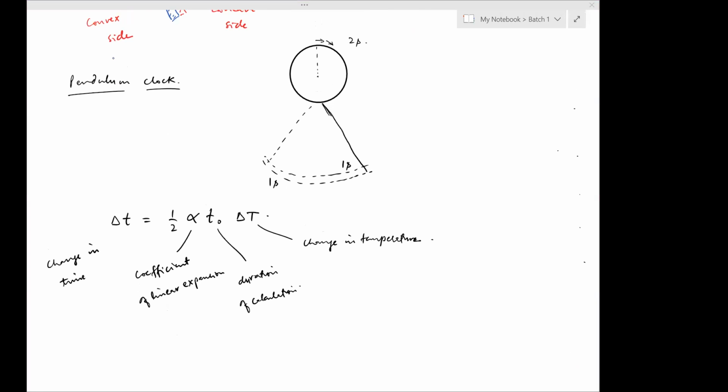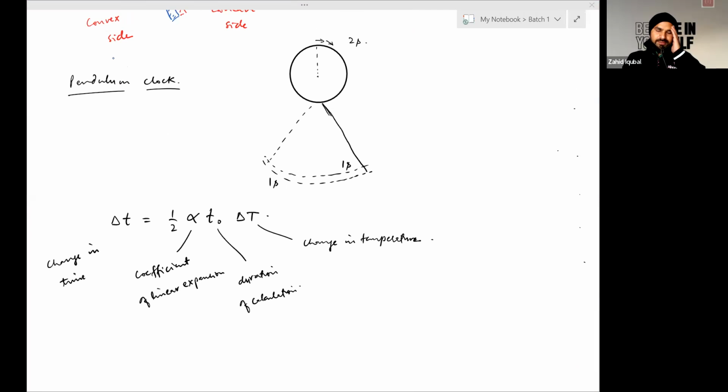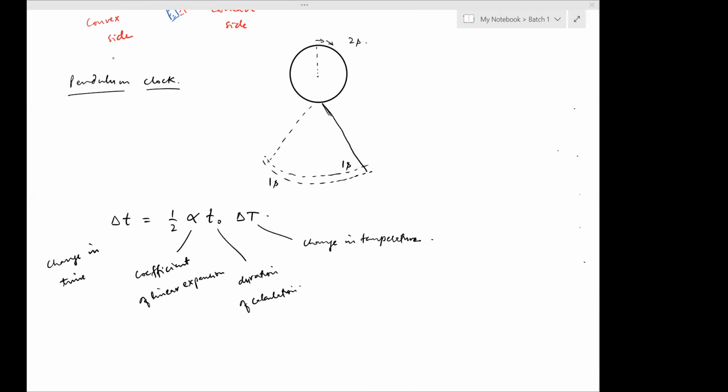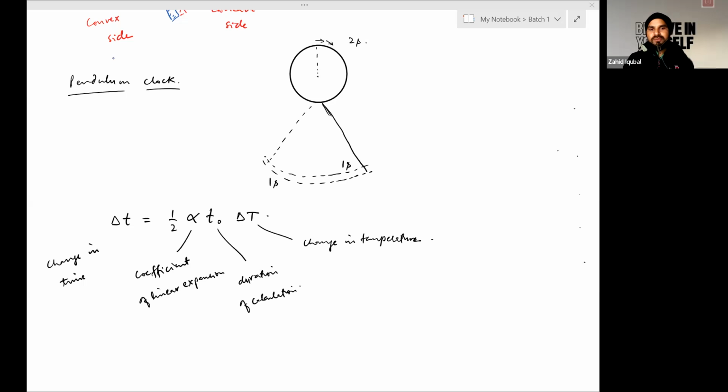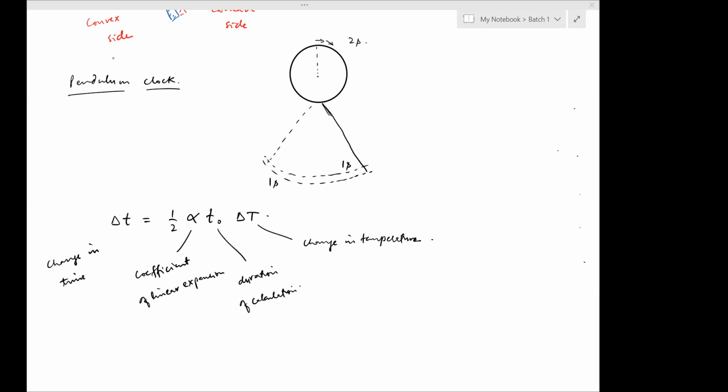Sir, what did you write for delta naught? Sorry, the T naught. T naught is the duration for which we are calculating. So the duration of calculation, we are calculating for 1 day, half day, 5 days, 7 days.